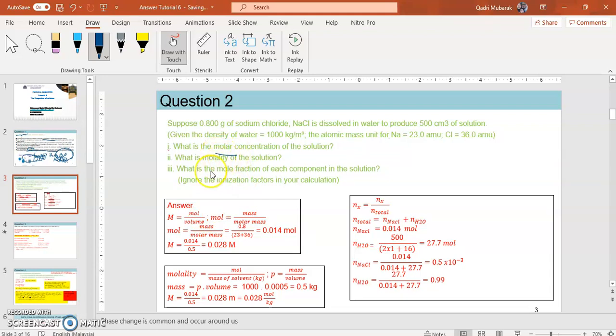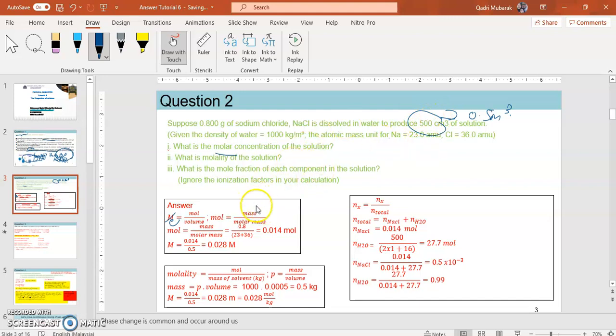So we have C equals n over V. Here it should be C, concentration per volume. So here we need to know our volume. Mole is small, volume should be in meter cube. So we can convert this unit and it becomes 0.5 meter cube.